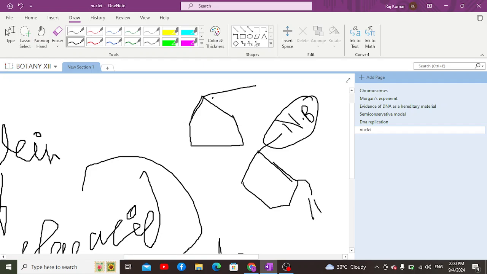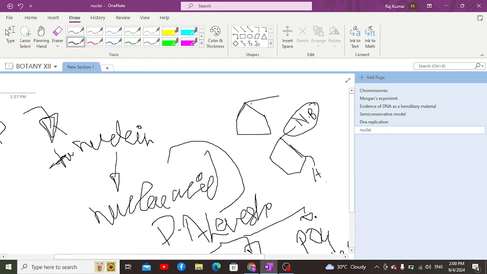Oxygen is not present on the second carbon because when oxygen forms a bond with hydrogen, it forms a hydroxyl group, which is quite reactive and decreases the stability of DNA, so DNA can be degraded after a short period of time.